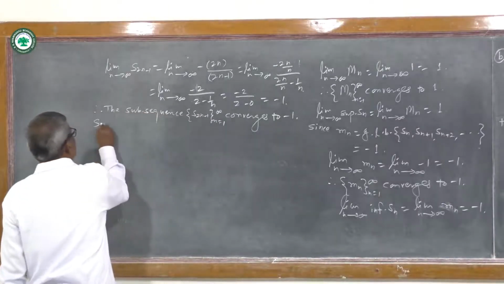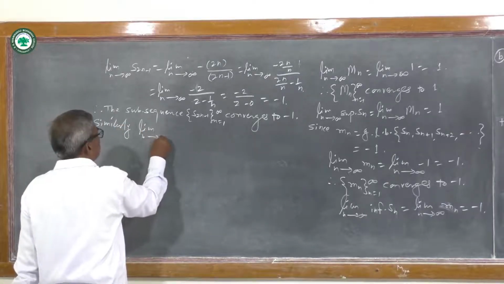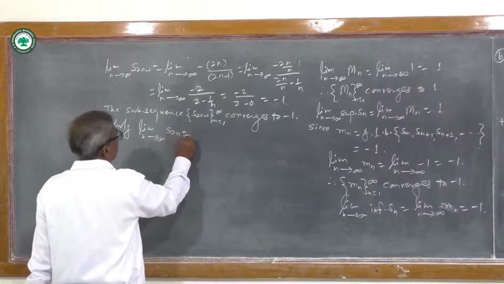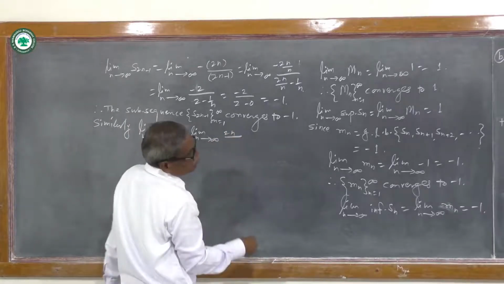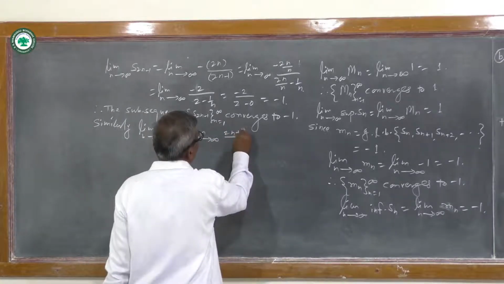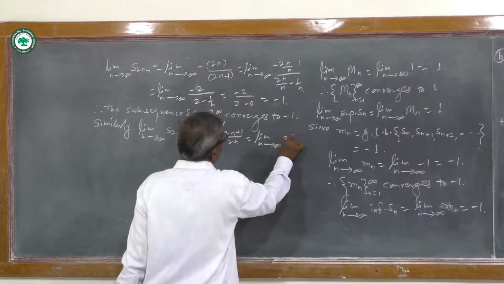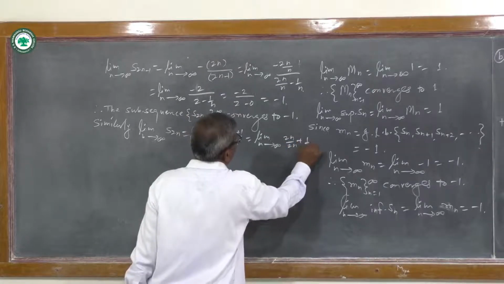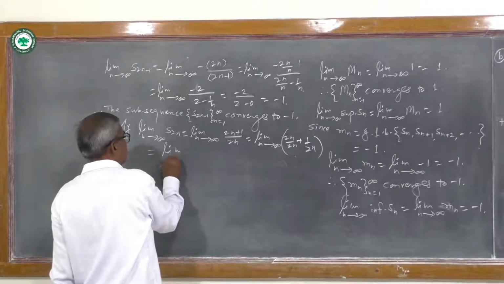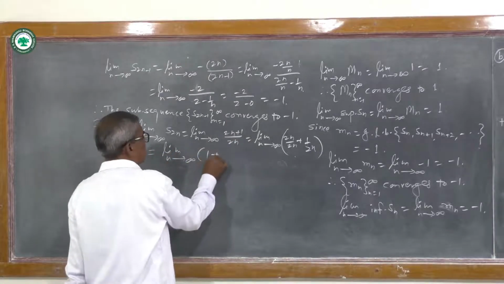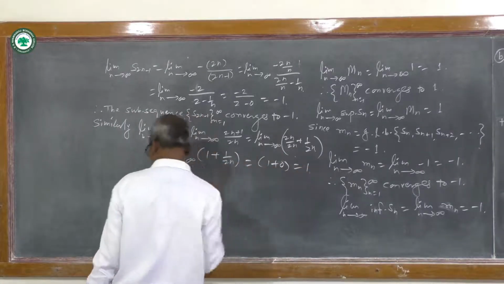Similarly, limit n tends to infinity of S suffix 2n, limit n tends to infinity of 2n plus 1 upon 2n is equal to limit n tends to infinity of 2n by 2n plus 1 by 2n, which is equal to limit n tends to infinity of 1 plus 1 by 2n is equal to 1 plus 0 is equal to 1.